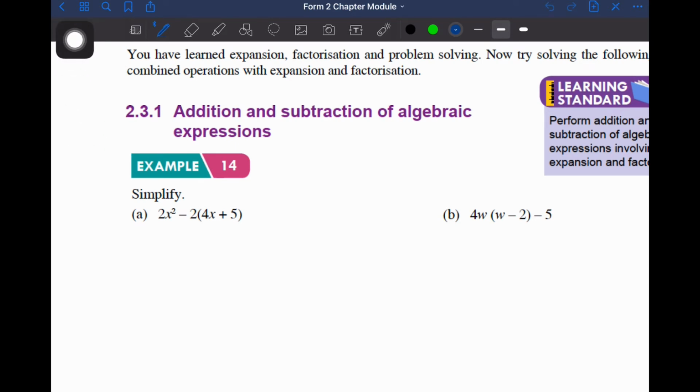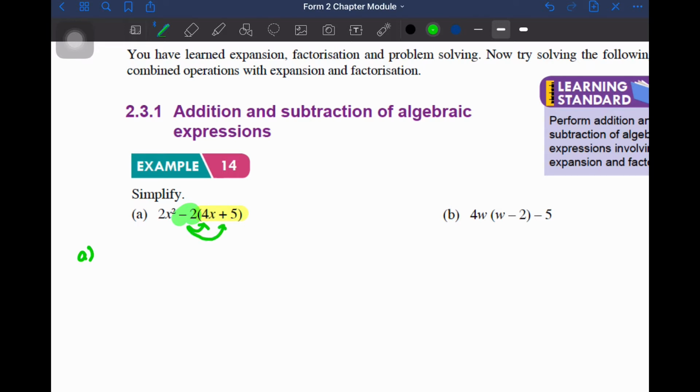The question asks you to simplify the following. So how to do this? Macam mana nak buat? Look over here, you have one bracket and one number outside of the bracket. First you need to expand this bracket.